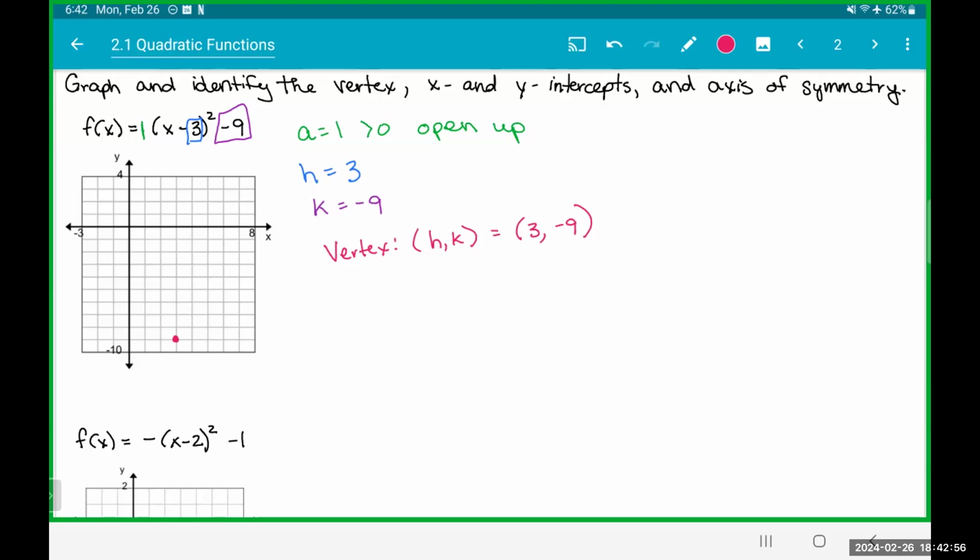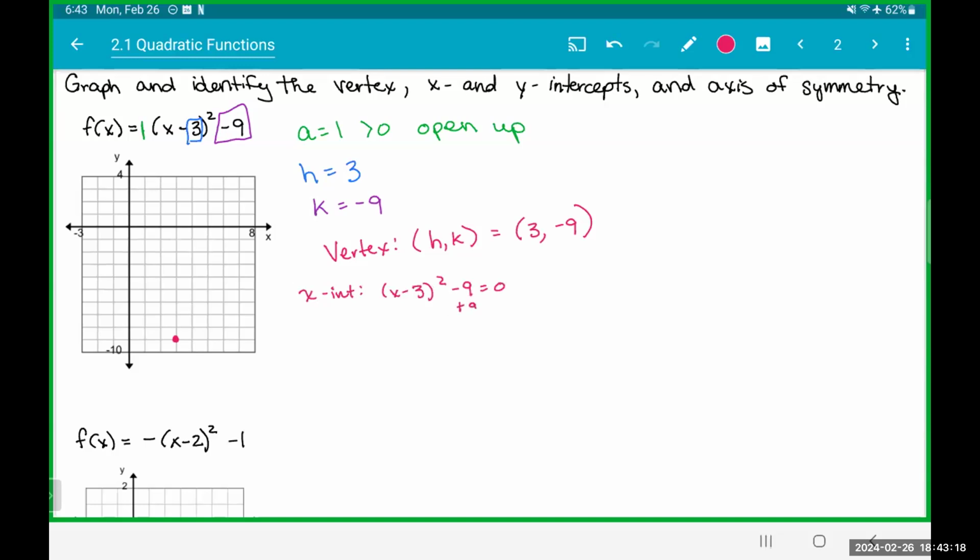So the next thing we want to do is look at our x-intercept. Remember, for the x-intercept we just set our equation equal to 0 and solve. So we would say that x minus 3 squared minus 9 is equal to 0.